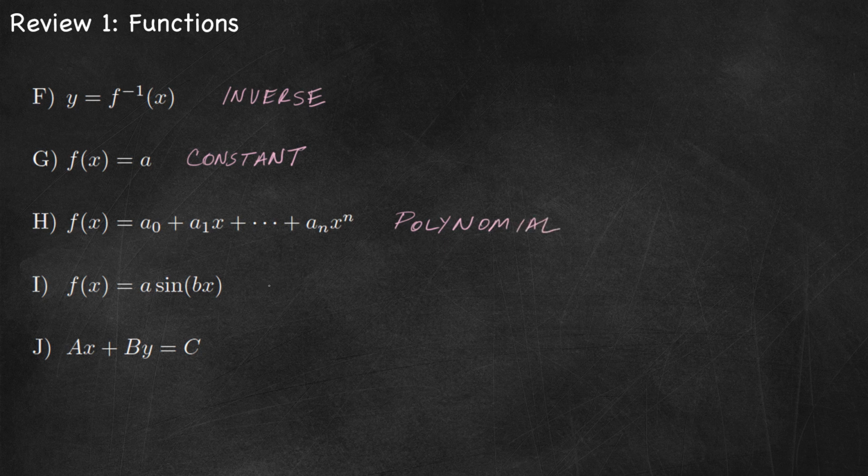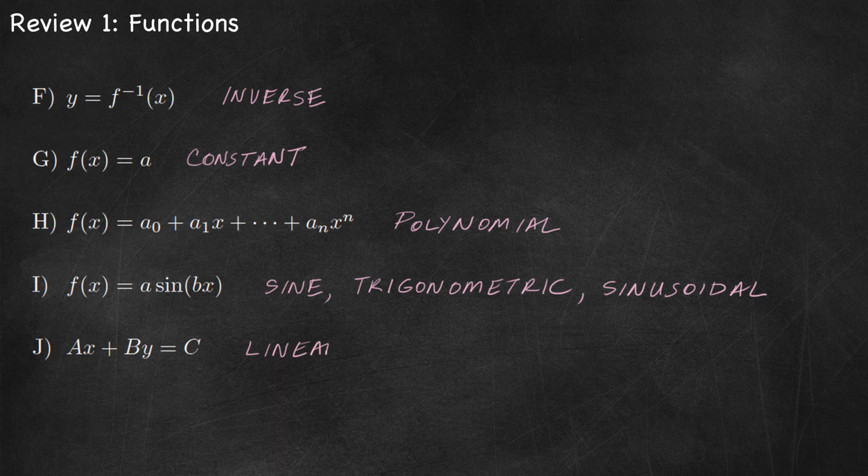I, we could call this by a few names as well. This is a sine function. We can also call it a trig function or trigonometric function. Or more generally, we can call it a sinusoidal function. And equation J, this is a linear equation in standard form.